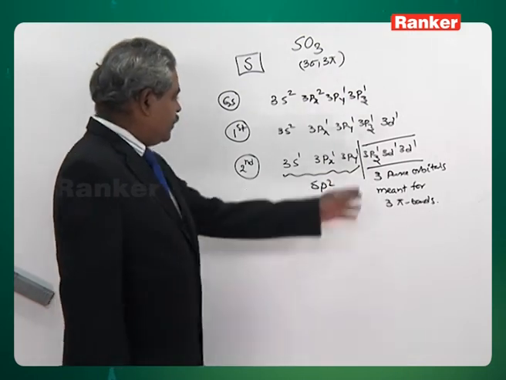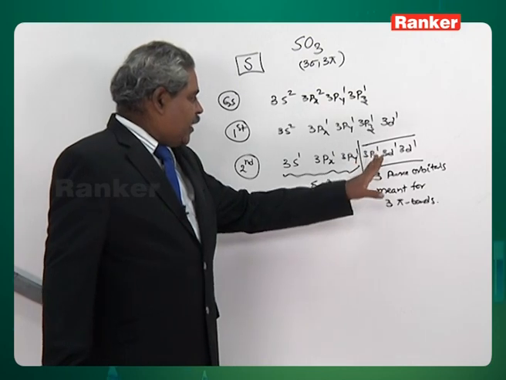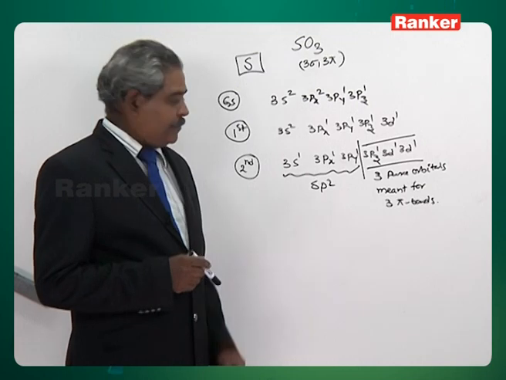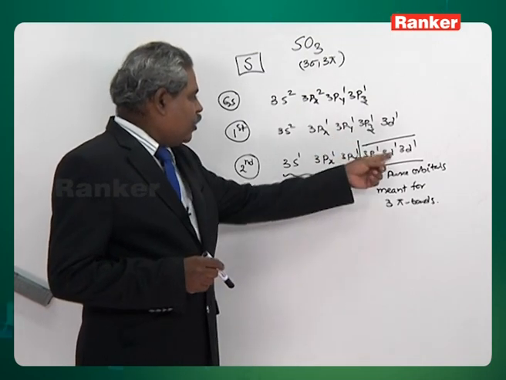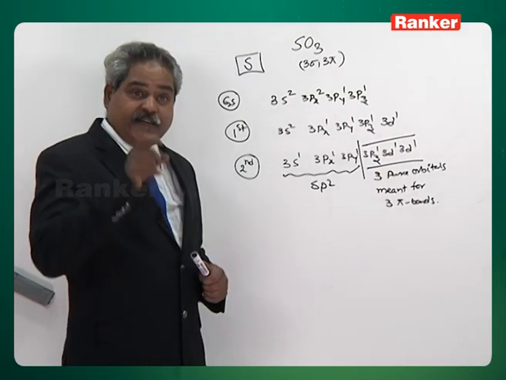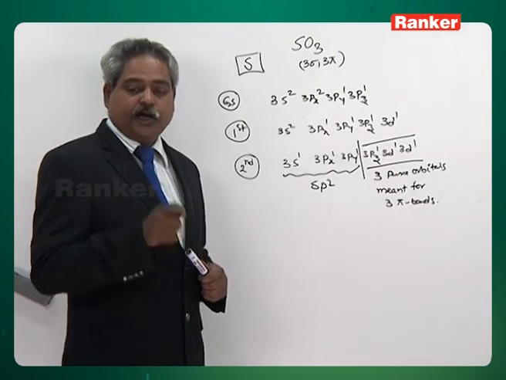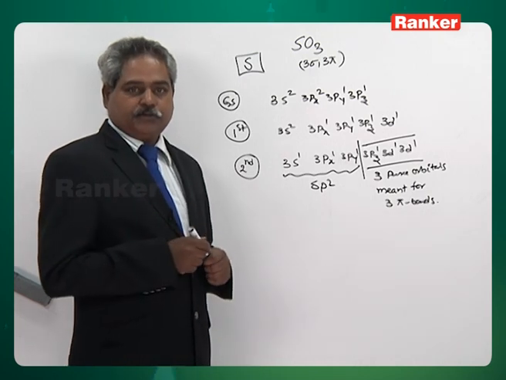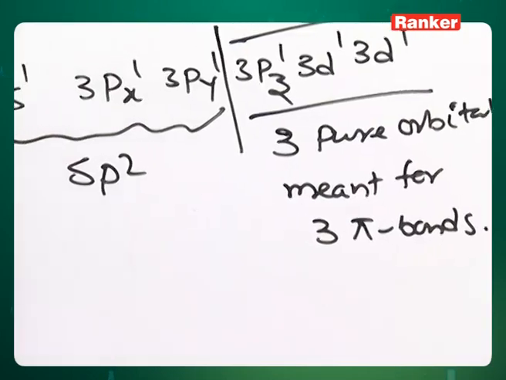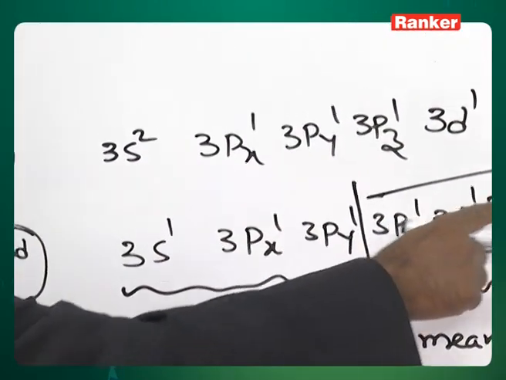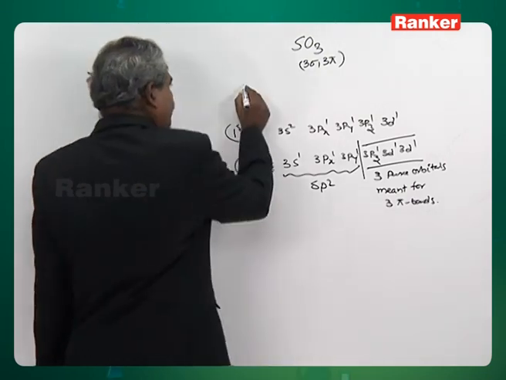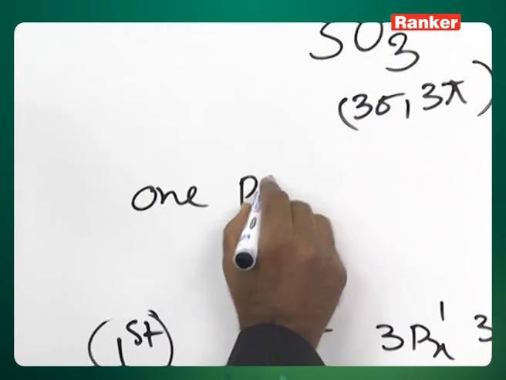So, what happened here? Sulfur is forming 3 pi bonds in SO3, out of which 2 involve D. When D is involved, that is called a D pi P pi bond. So, out of the 3 pi bonds, 2 are with the involvement of D, and you have one P pi bond.